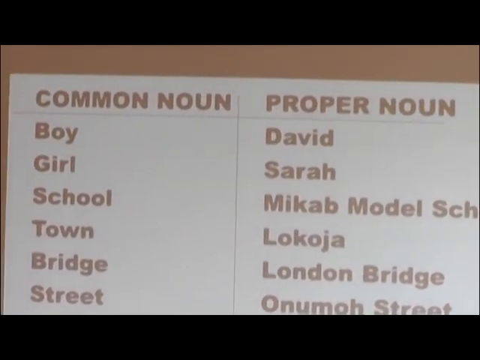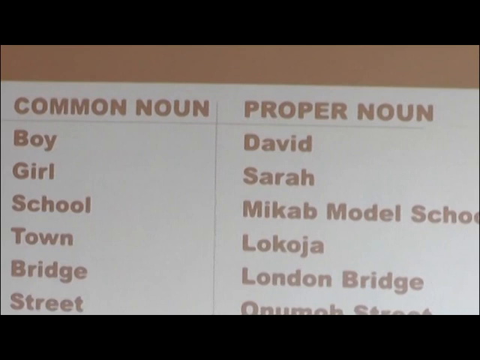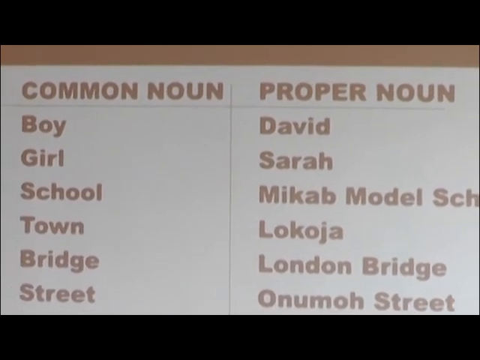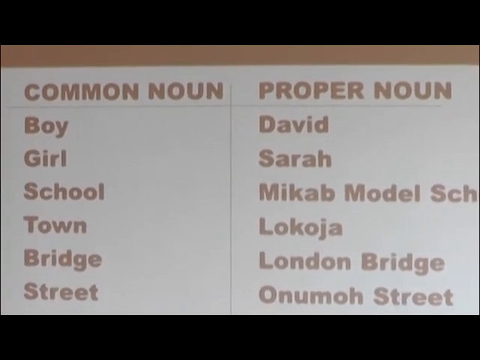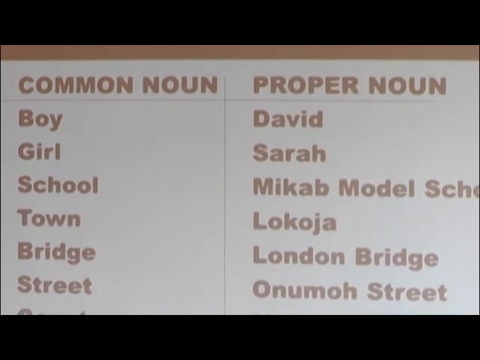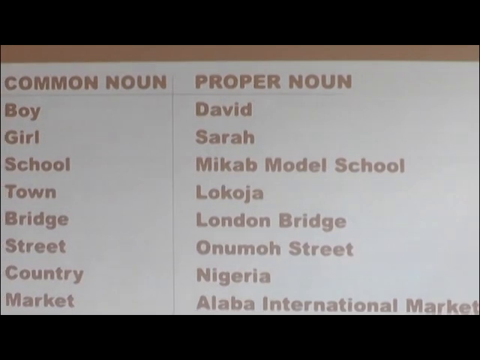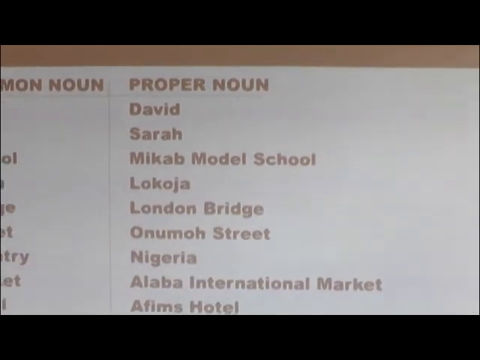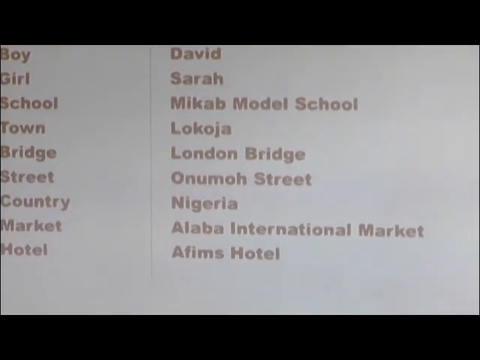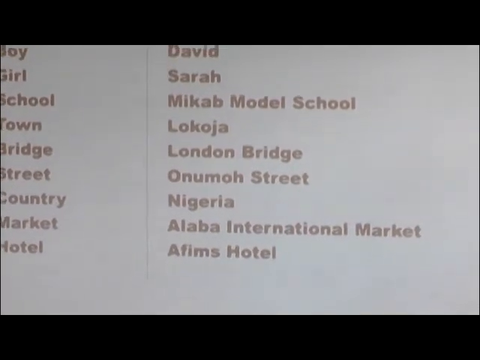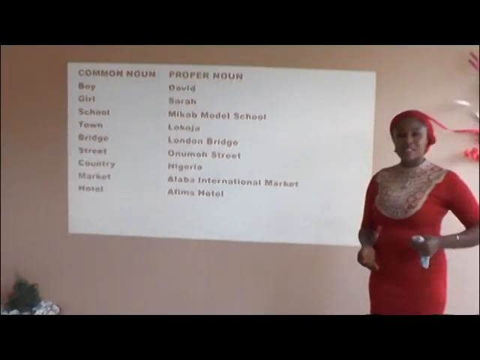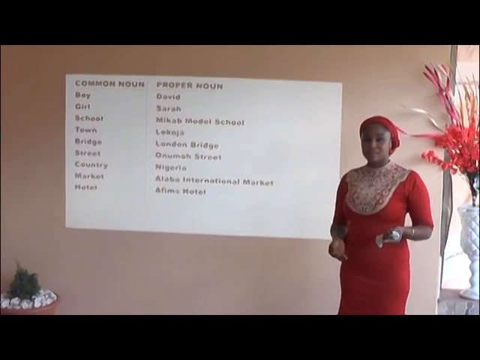Then we have David. You have specified the person. And for you to know whether a noun is a common or proper noun, this is the question you should ask. A common noun asks the question, what is it? While a proper noun asks the question, what is its name?